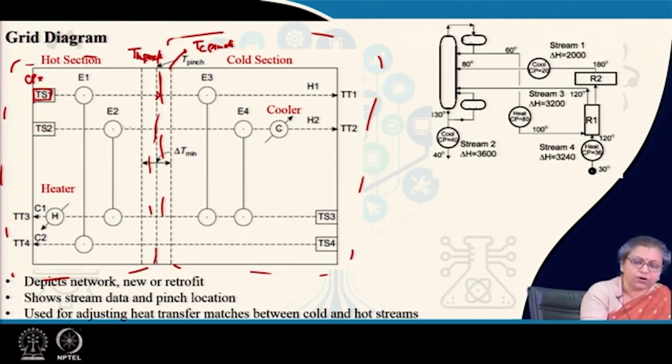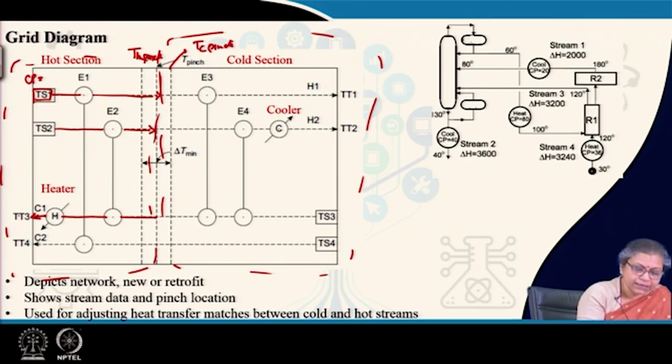We arrange all the hot streams in this particular way to start with. Once we have located the hot streams in any particular order, then we start locating the cold streams. For the cold streams, what do we do? When we are doing the hot end design, they are going to start from the pinch temperature, and from there they will be coming out.